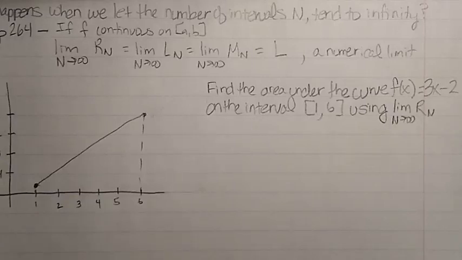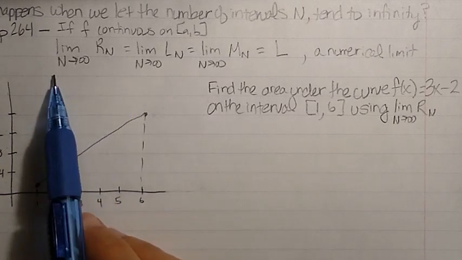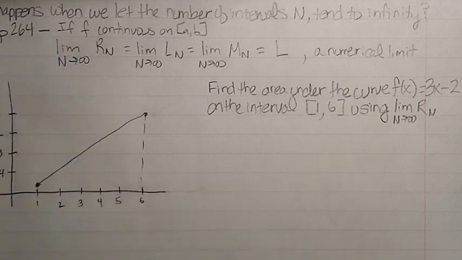In our last video for this section, we'll work a complete example that involves computing the limit of a Riemann sum from start to finish. The motivation for this example is to wonder what happens when we let the number of intervals n tend to infinity.